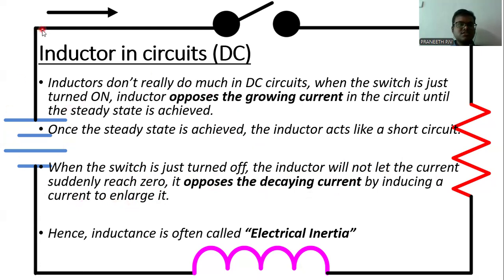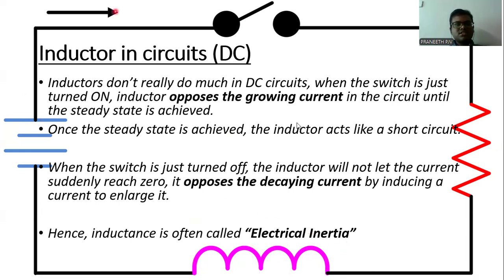So if you look at an RL circuit, there's a battery and the current is flowing in this direction. When you just switch it on, the current starts rising from zero until it reaches the steady state. The inductor starts opposing that growing current.